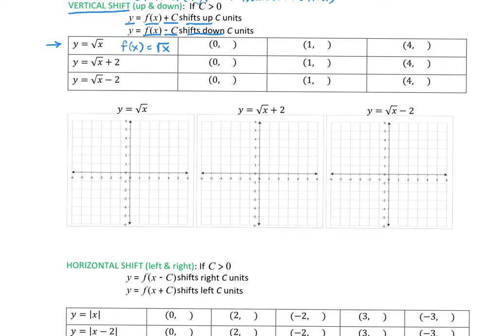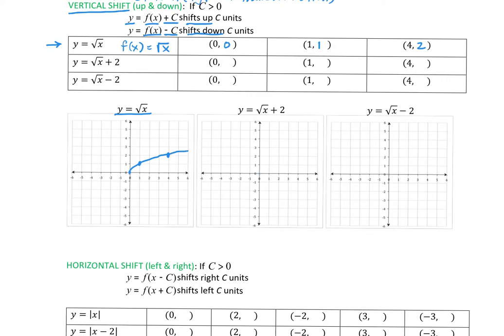We'll work across the first row and then graph this. If x is 0, y is 0. If x is 1, y is 1. If x is 4, y is 2. Looking at this first graph below, y equal to the square root of x, if I plot those points, it's going to go through 0, 0, 1, 1, and 4, 2.